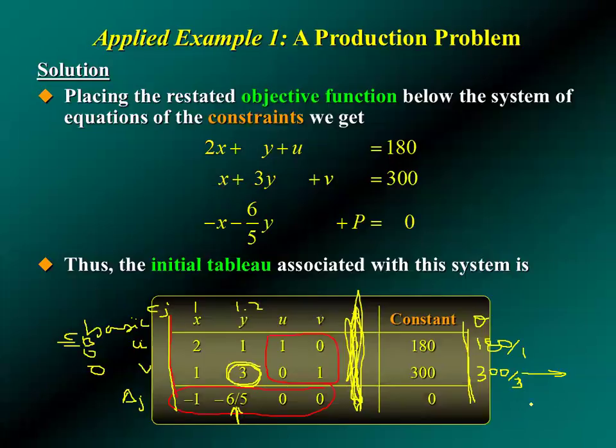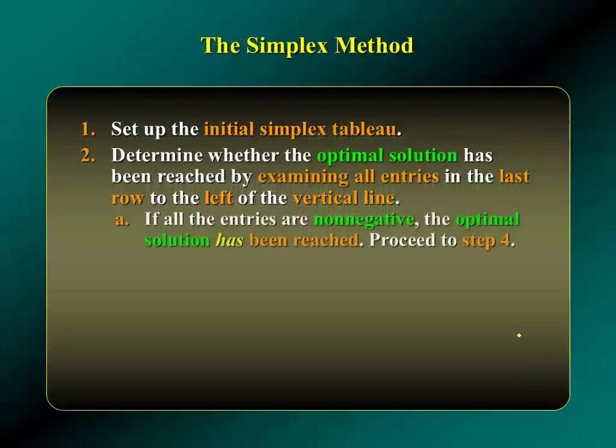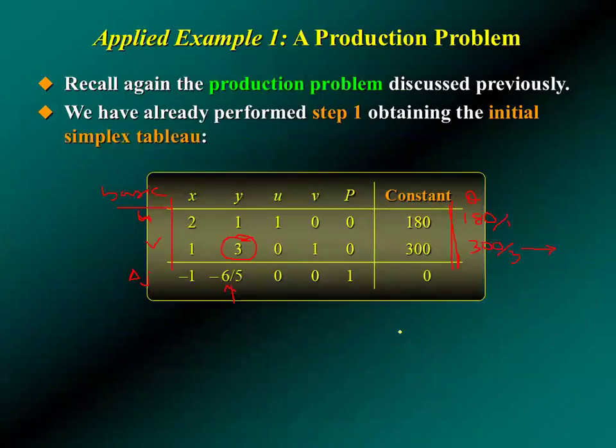Let's see what's happening. I'll set up the initial tableau and so on. Same thing has been done here: basic variables, this is our pivot, and this is the exiting variable. Same thing done in this step here.